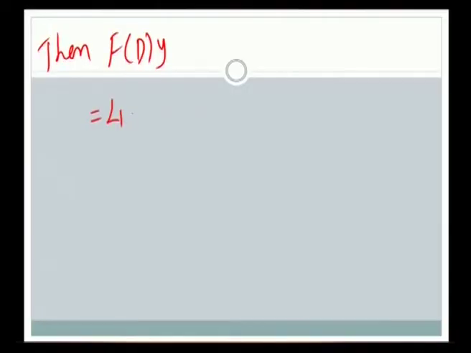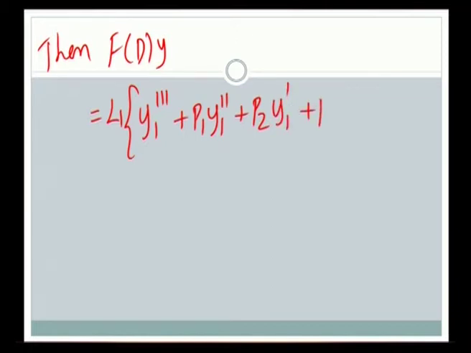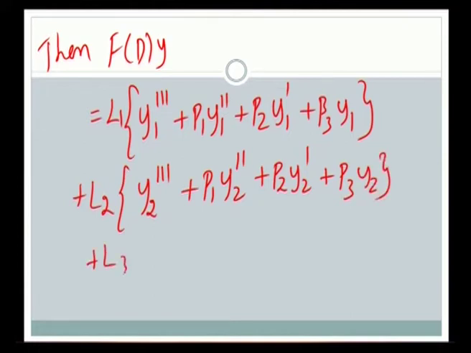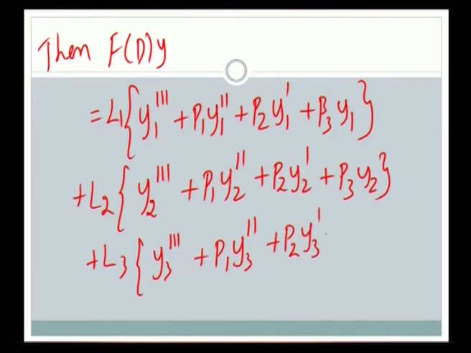Then f of D into y will be equal to L1 into y1 triple prime plus p1 y1 double prime plus p2 y1 prime plus p3 y1, plus L2 into y2 triple prime plus p1 y2 double prime plus p2 y2 prime plus p3 y2, plus L3 into y3 triple prime plus p1 y3 double prime plus p2 y3 prime plus p3 y3, plus q.